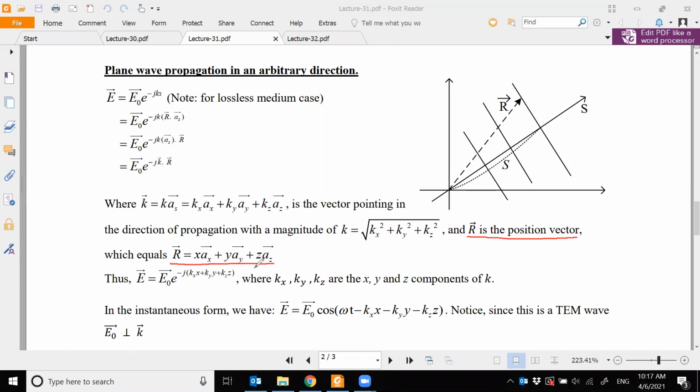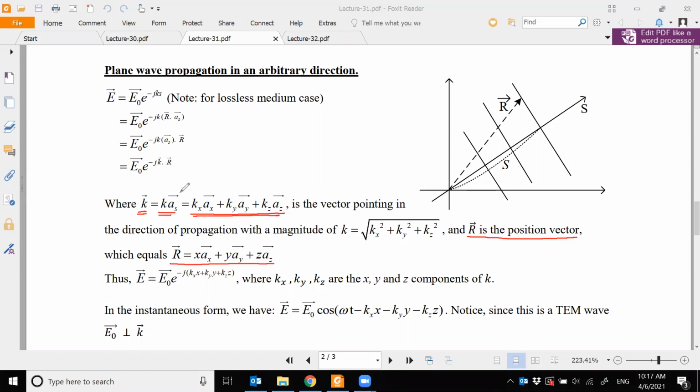This is our position vector. Now we also define another vector, which is called vector k, and this vector k is kx ax plus ky ay plus kz az.